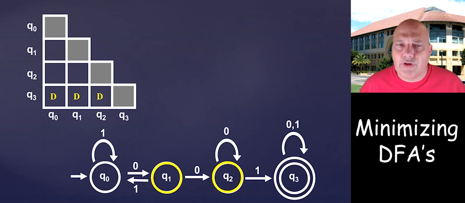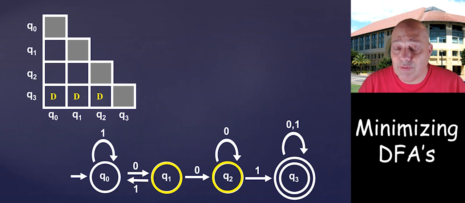Now we're going to look at a pair, Q1 and Q2, and ask ourselves, is this distinguishable? Can we find a simple evidence that it is distinguishable? So let's see. If you read the symbol 0, it will not distinguish the two states.